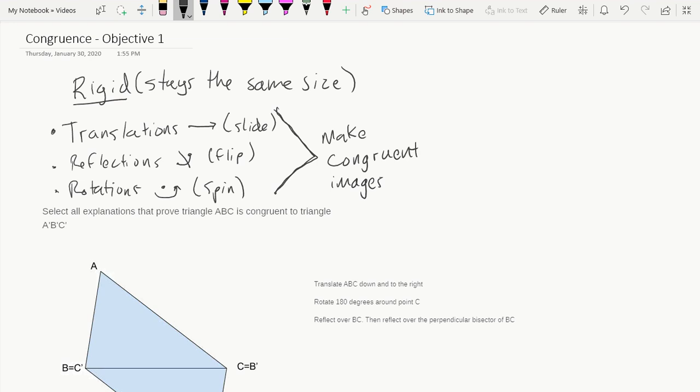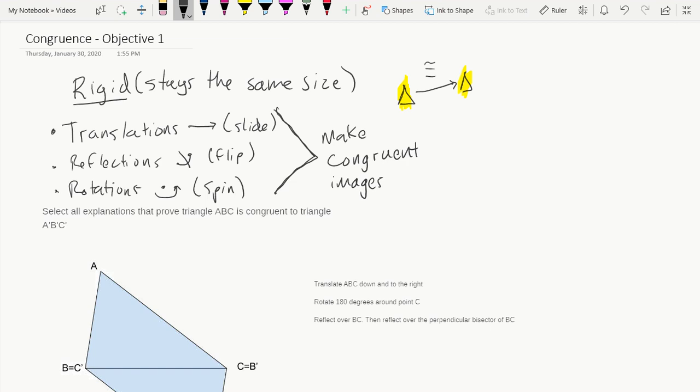If I translate something from one place to another, so if I take a triangle and I translate it somewhere, the original, or the pre-image and the image, both things are congruent to each other. Same thing with a reflection or a rotation.